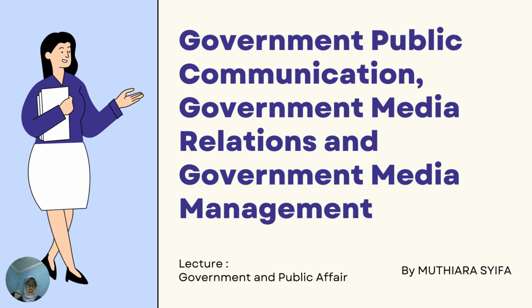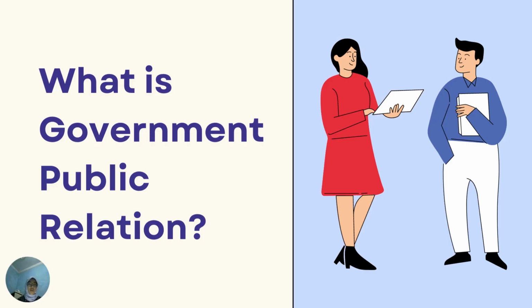But first, let me tell you about what government public relations is. Some of the uses of public relations in government are pragmatic, intended to advance the mission of the agency in unorthodox ways that reduce costs.